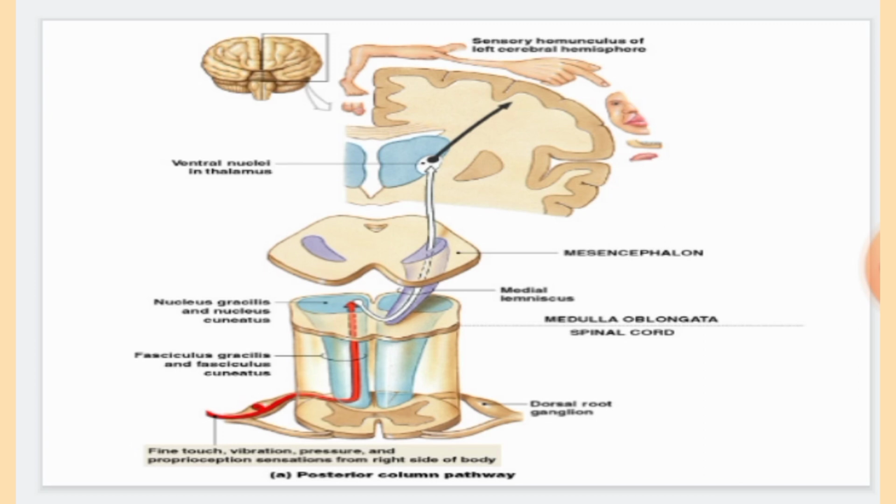Next is the sensory homunculus of the left cerebral hemisphere.